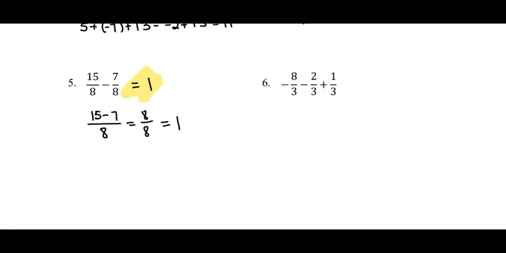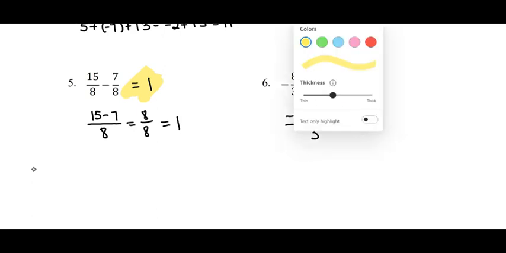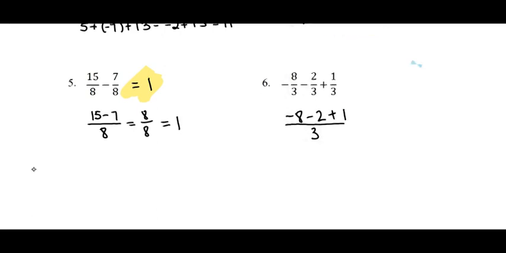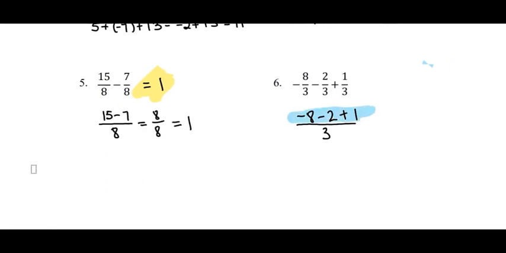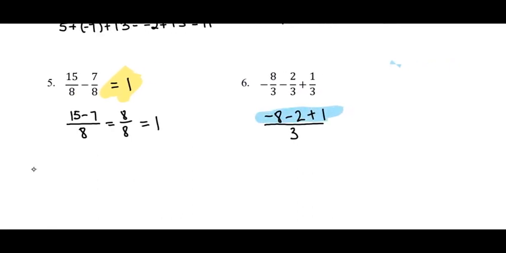So again, here we have negative 8 over 3 minus 2 over 3 plus 1 over 3. So we're going to keep the denominator as a 3. And we're going to bring all the signed numbers into your numerator. So you have negative 8 minus 2 plus 1. Let's go ahead and work on the numerator part.